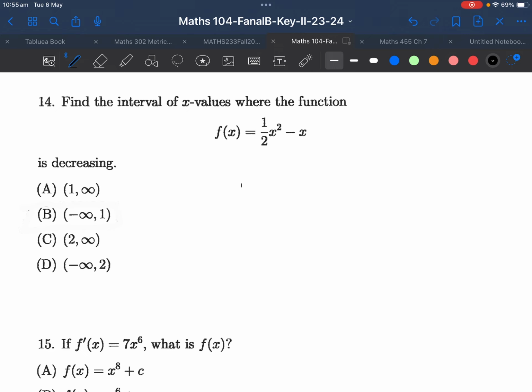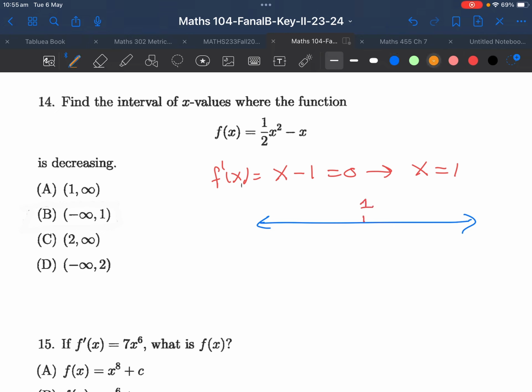Find the interval where the function is decreasing. In order to find where the function is decreasing, first of all, we need to find the critical numbers, and we do the number line. So the derivative of this, x minus 1 equals 0, which means x equals 1. If we do the number line, we write 1 in the middle, and here you need to find the sign of f prime of x.